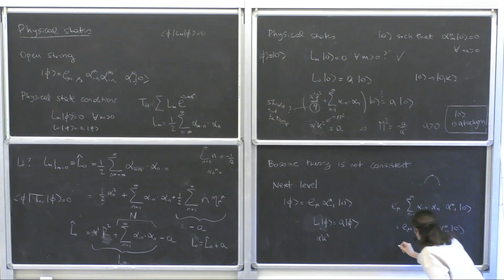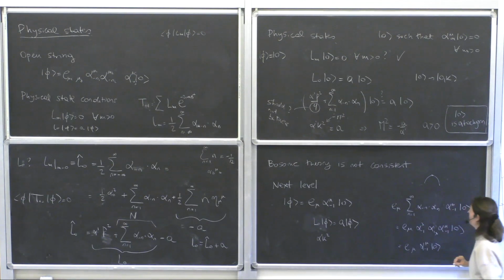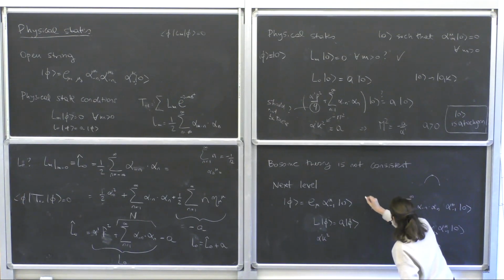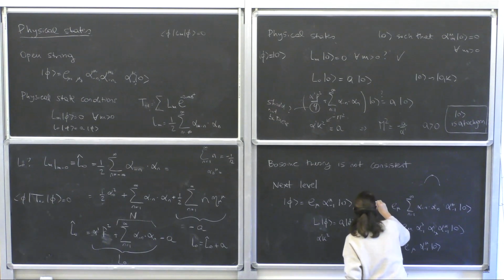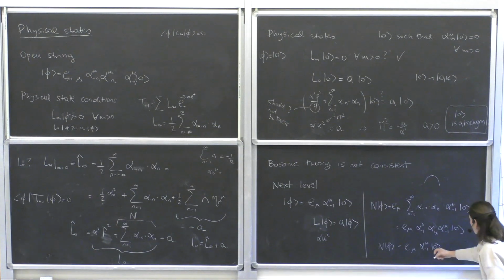So this is E mu alpha minus 1 mu 0. So this is the operator n acting on phi. So n acting on phi gives me this, and this is phi, right?